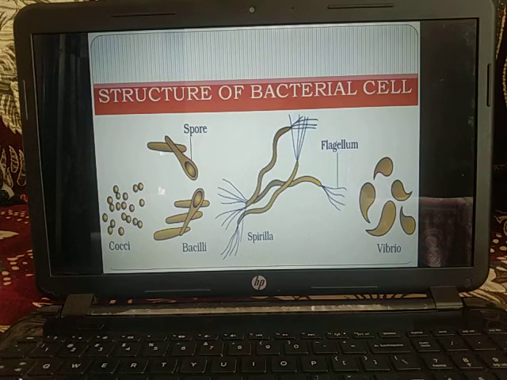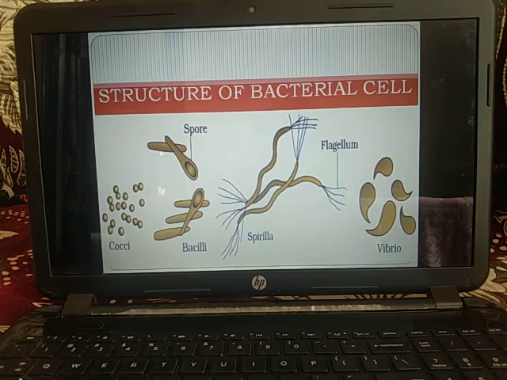Now let's discuss gram positive and gram negative bacteria. Grouping is based on the reaction of the bacteria to the Gram stain, devised by Christian Gram in 1884. Bacteria are stained first with a weakly alkaline solution of crystal violet or gentian violet. When all of them pick up the blue color, they are treated with 0.5% iodine solution, followed by washing with water and then absolute alcohol or acetone.